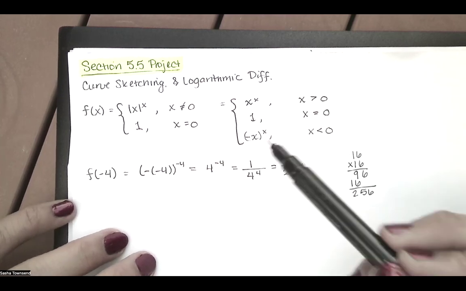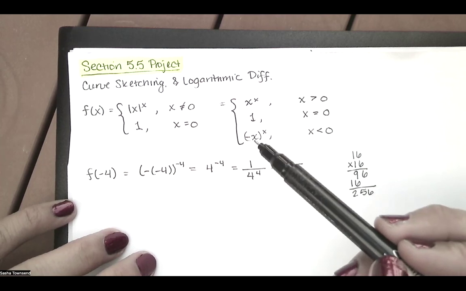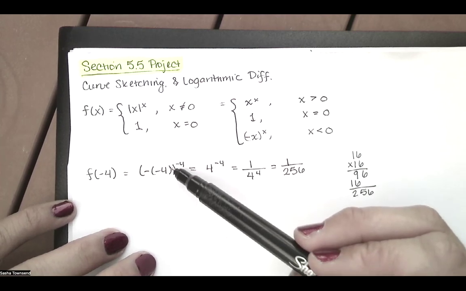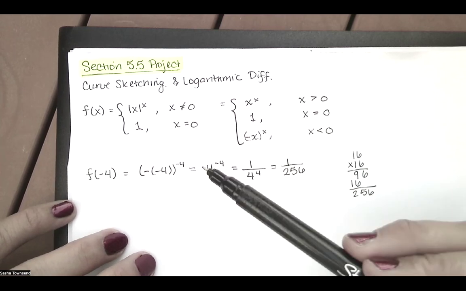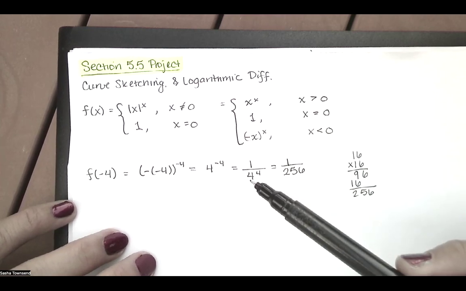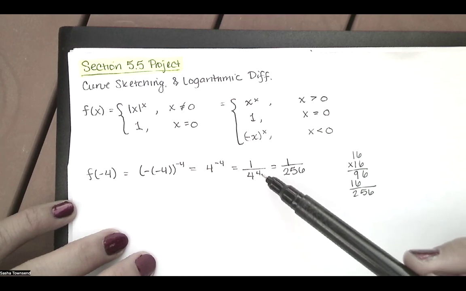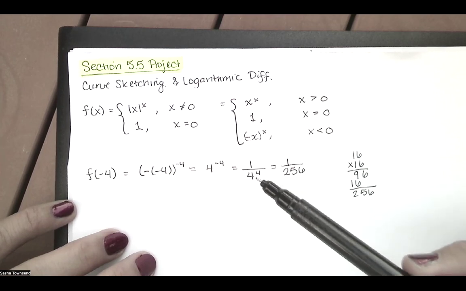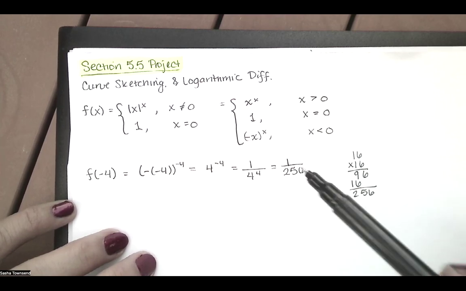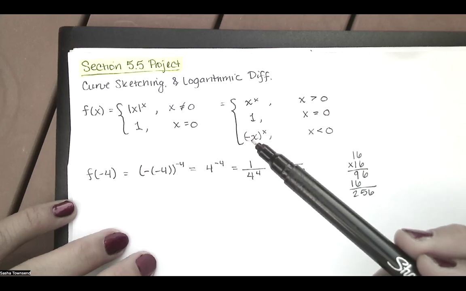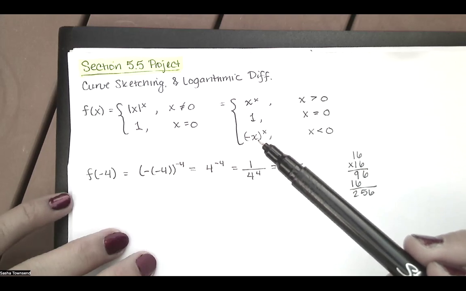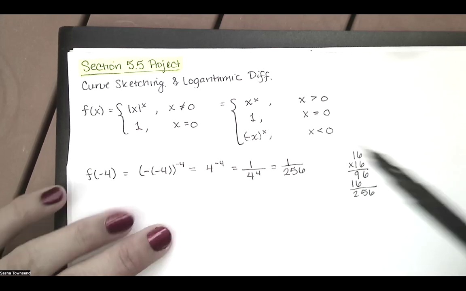So when our x values are negative, these are fractions. We've got some number for the base here, and if we've got a negative exponent, that's going to be 1 over the same base, which is positive, raised to a positive power. So that is going to tend to be a fraction when the absolute value of x is greater than 1.